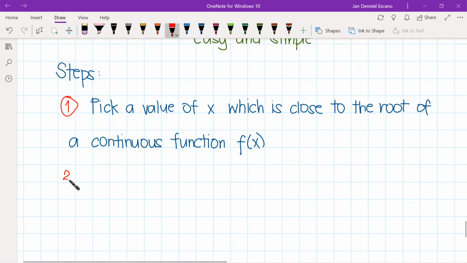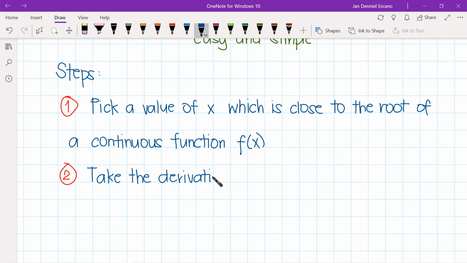Next step is we take the derivative of f of x, which is f prime of x.